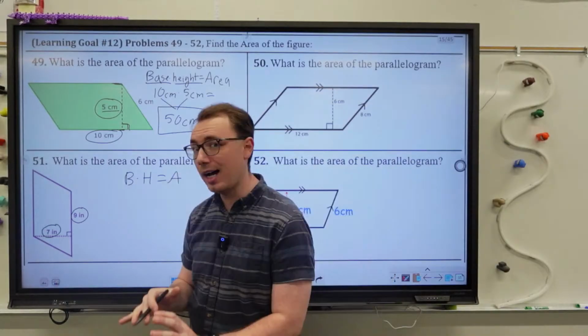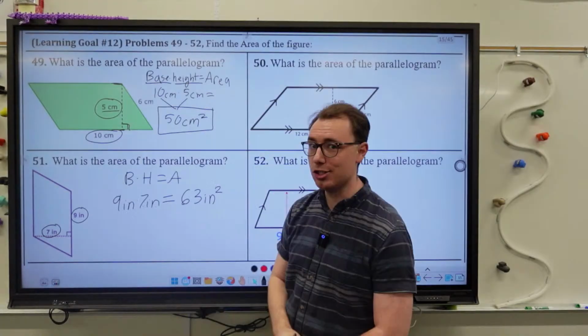So our base here is 9 inches. Our height here is 7 inches, making our area equal to 9 times 7, which is going to give us 63 inches squared, because we're doing inches times inches. This here is our area for this parallelogram.